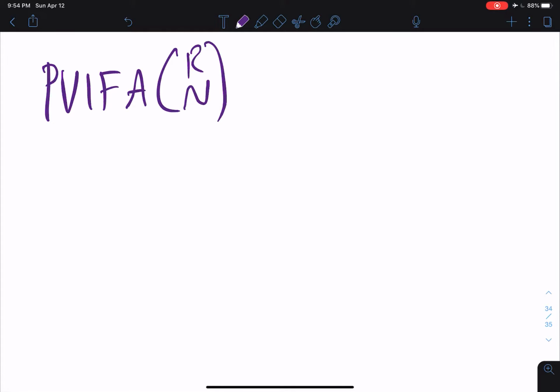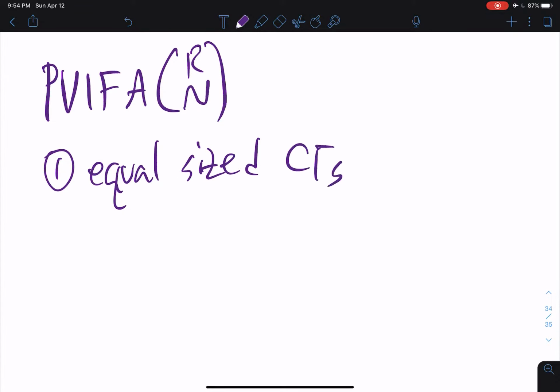As a reminder, an annuity is a cash flow stream that is characterized by three criteria. The first is equal-sized cash flows.